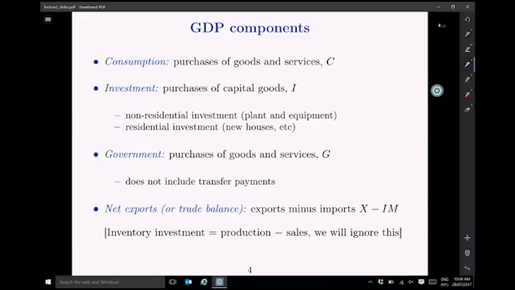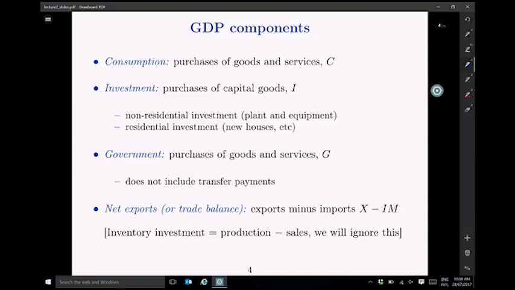And the second component is called investment. Here, notice investment refers to the investment in physical capital. That is, if a firm buys a new plant or new equipment, this would be part of the investment in GDP. It doesn't refer to financial investment, because when we talk about investment in daily life, you think about your portfolio in the bank.